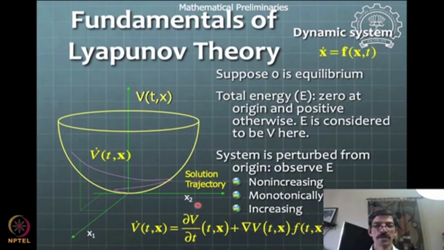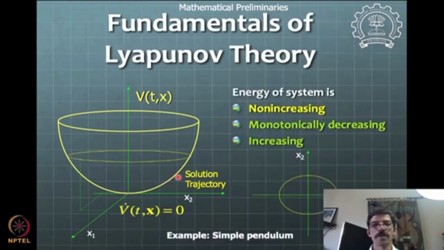This is V dot. We can compute V dot directly and conclude something about V dot. We don't really need the solution of the system to be there. That is the beauty of this theorem, that without solving a system we can make some predictions about the stability.